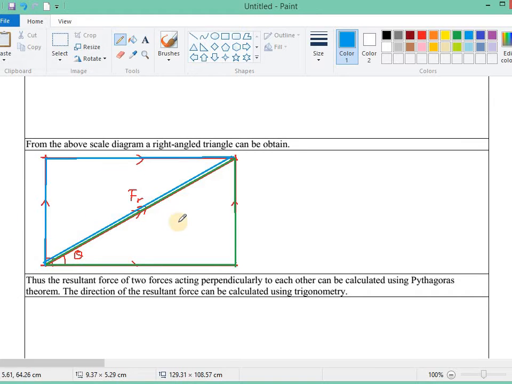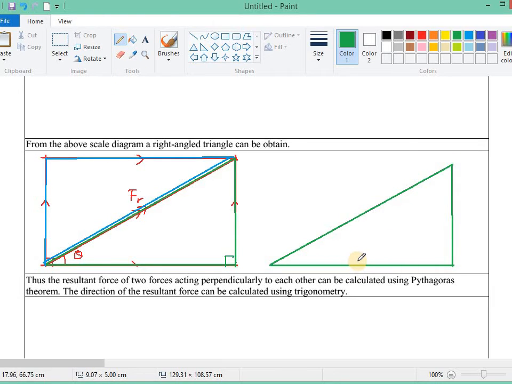So let's say we take this right angle triangle, the green color one.